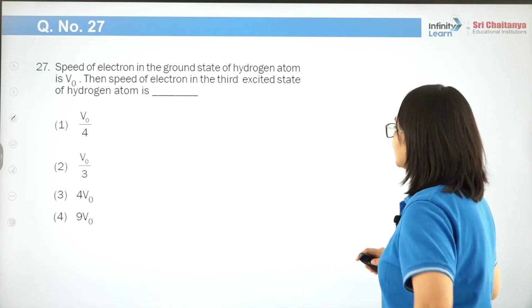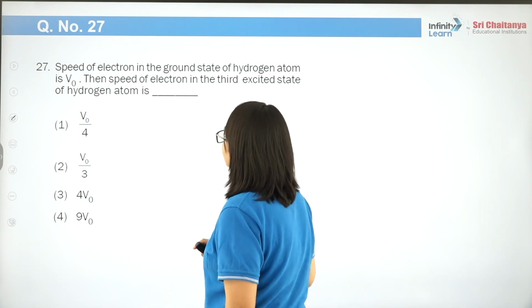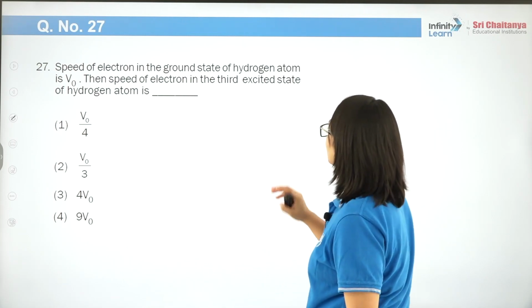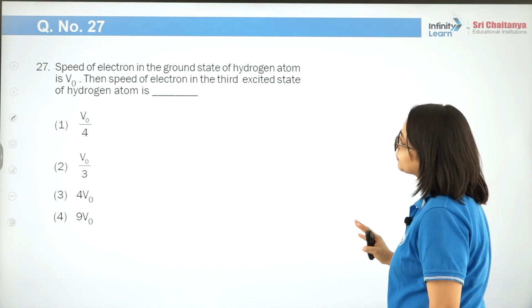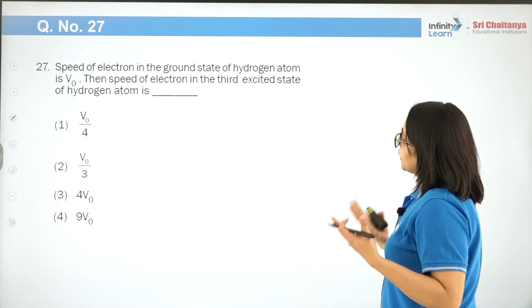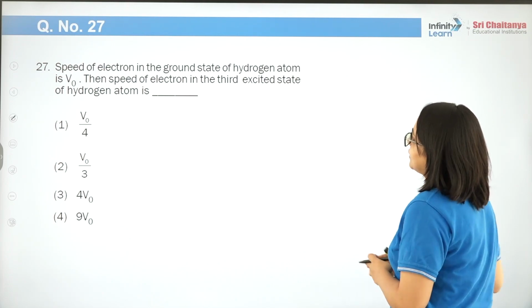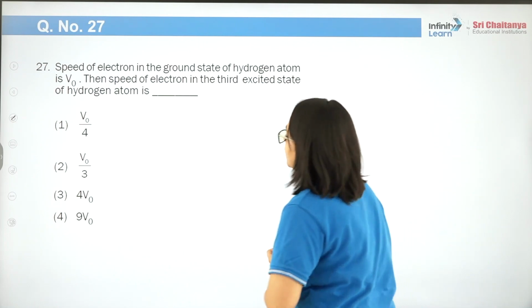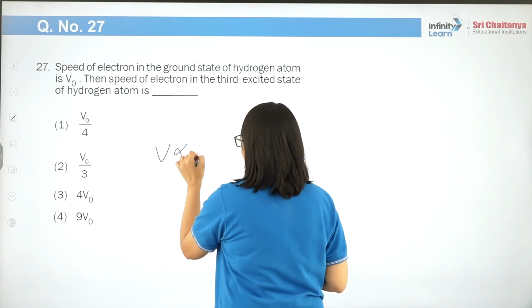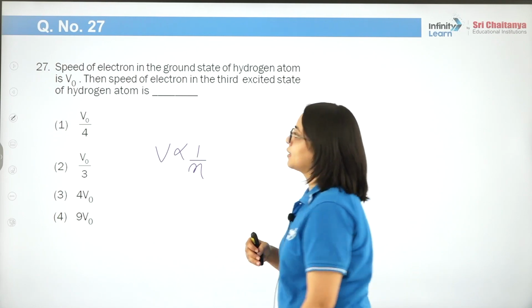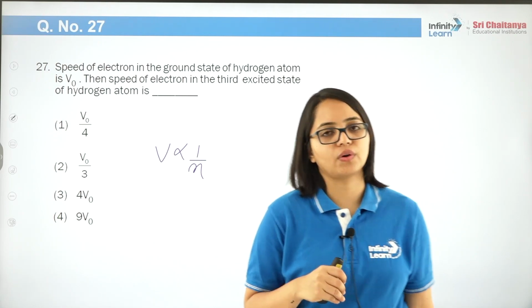Okay. Next is question number 27. We have the speed of the electron in the ground state of the hydrogen atom as V0. Then the speed of the electron in the third excited state of the hydrogen atom is. So V is inversely proportional to n, and the third excited state is nothing but what? Fourth orbit, right?